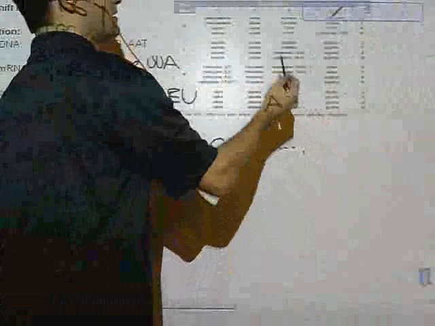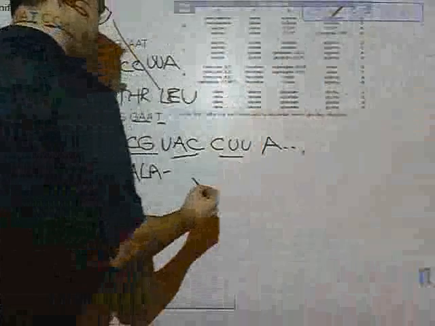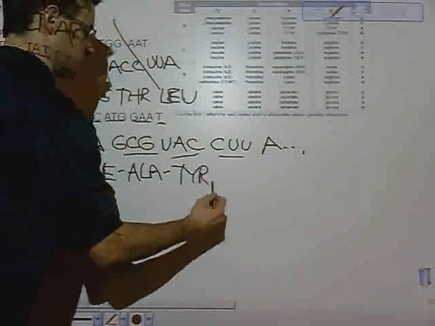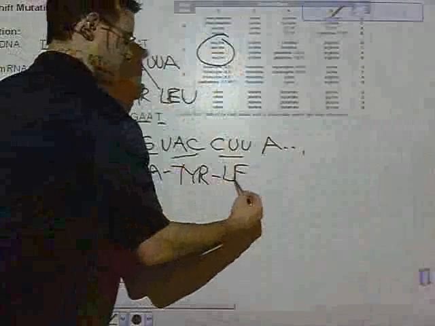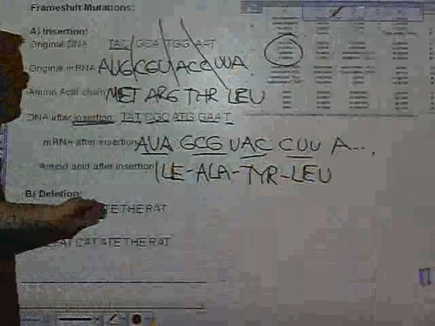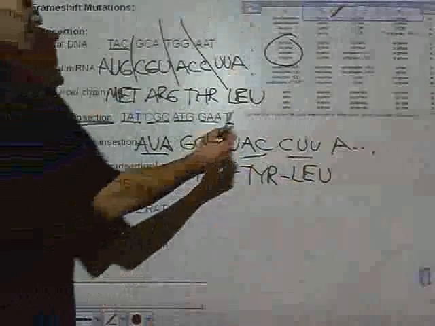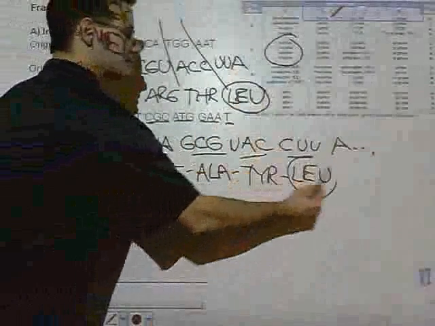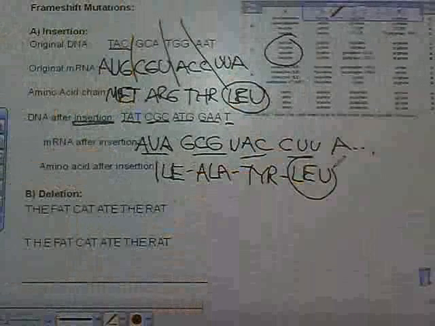UAC is going to code for tyrosine, and CUU is going to code for leucine. So you can see we have something that just happened to be the same, but the rest of our amino acid sequence is messed up. If we had more after that, they would probably all also be messed up.